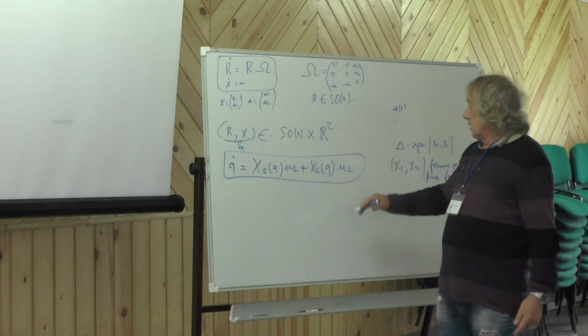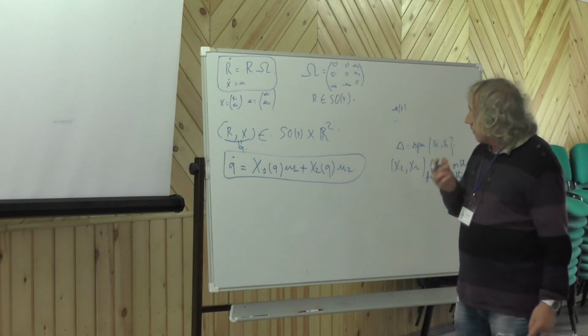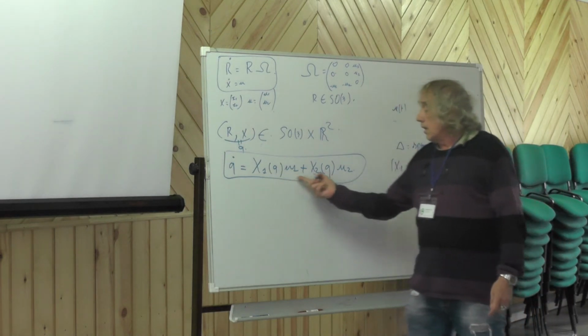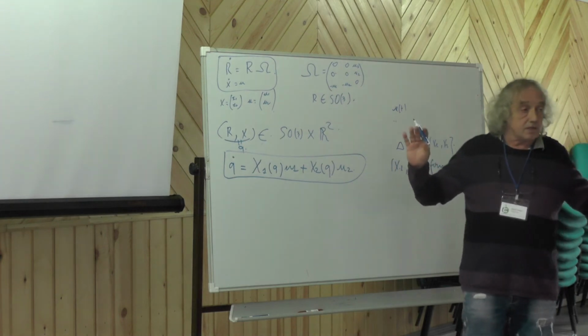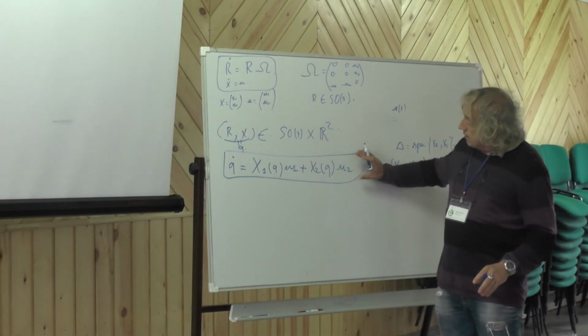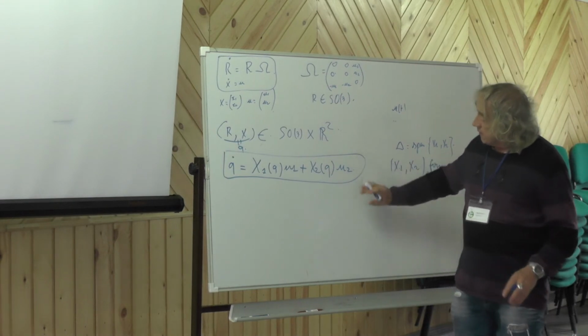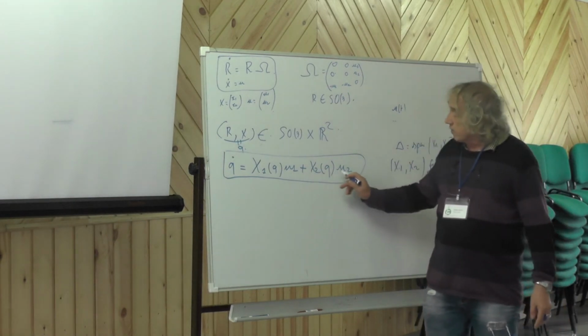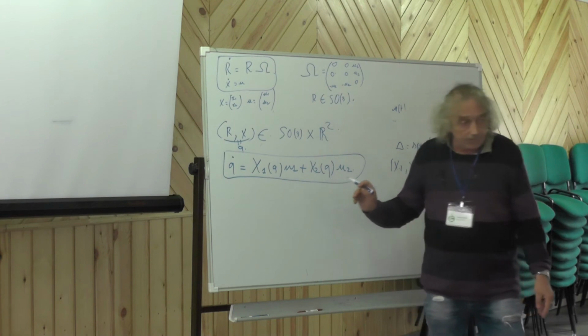So in this example, I am given a Sub-Riemannian metric. The Sub-Riemannian metric is completely specified in this control way of writing things. This is a control system with controls U1, U2.